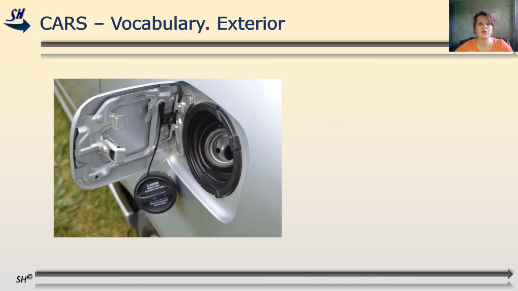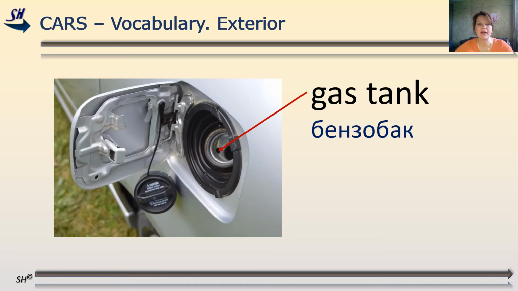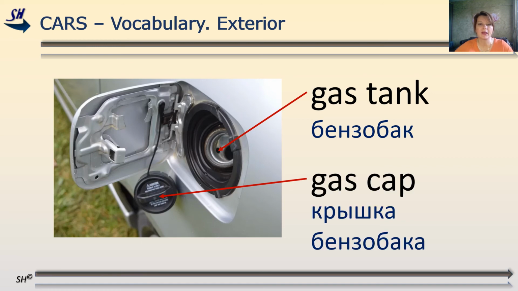What do you do when you run out of fuel? You go to a gas station. The container that you put gas in is called a gas tank. And there's a little cup that you close the tank with. It's called a gas cap.